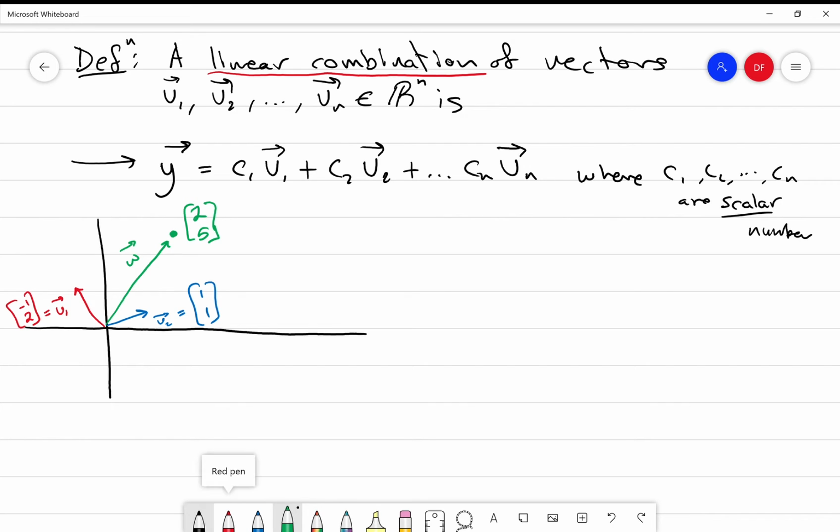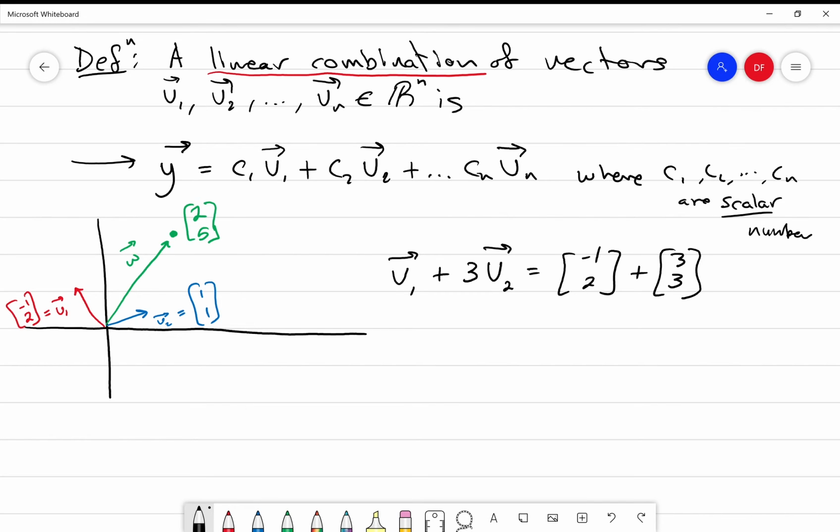Well, notice something. Notice that I can take v1 and I can add 3 times v2, and what I will get is (-1, 2) plus 3 times v2 will give me (3, 3), which equals (2, 5). So this equals w. Okay?